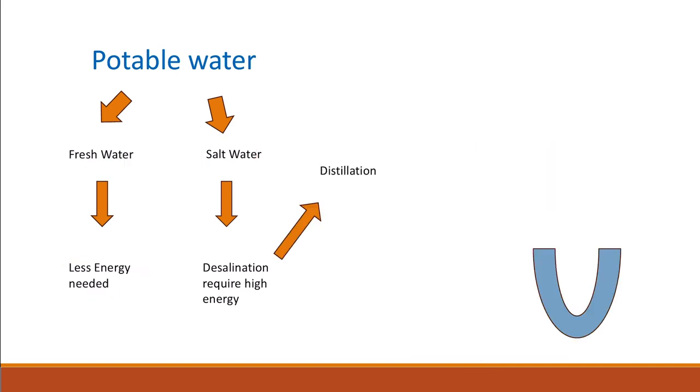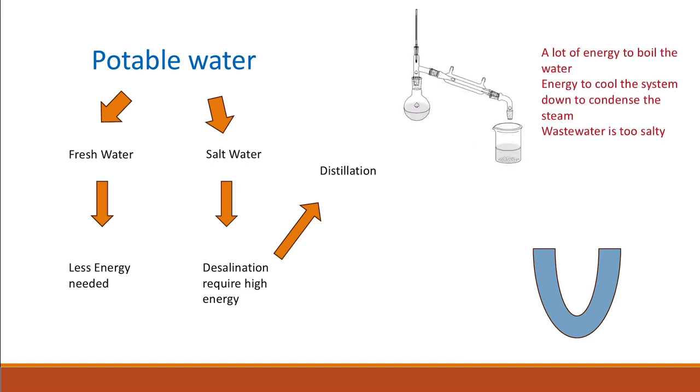In the case of salt water, we have two different processes which can be used to remove the salt, or for desalination. The first one is simple distillation, which includes heating the water in large tanks and then condensing it, cooling down the vapors or the steam, and collecting the water.